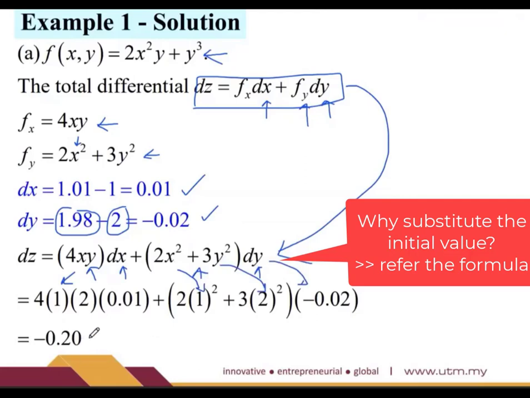Then you get negative 0.2. The total differential for that function is negative 0.20.